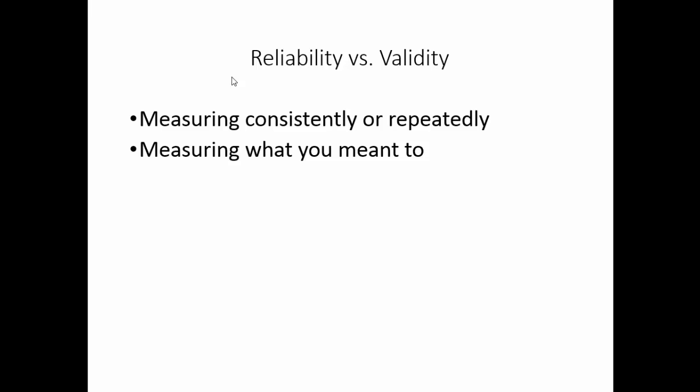There's also, depending on what kind of measures you have, inter-item reliability. That's consistency or repeatability across different items, usually going to be self-report items. So if you had a 10-item questionnaire where all the questions related to how happy someone was, all 10 of those questions should tend to be consistent with each other.